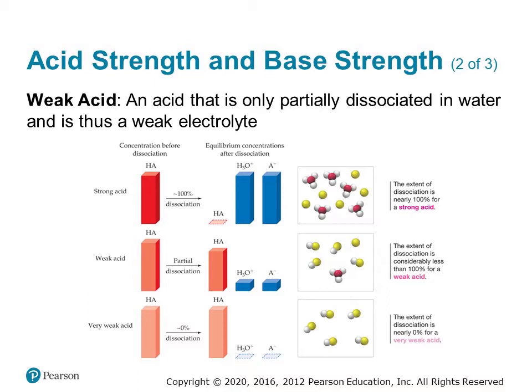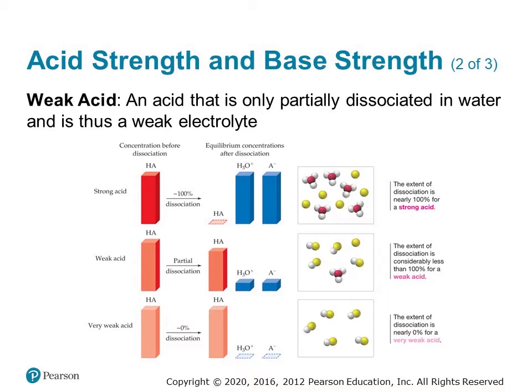In other words, the position of the equilibrium involves essentially all of the HA converted into hydronium ions and A- ions in aqueous solution. If HA is a weaker acid than hydronium, the position of the equilibrium will be determined by just how much weaker HA is.